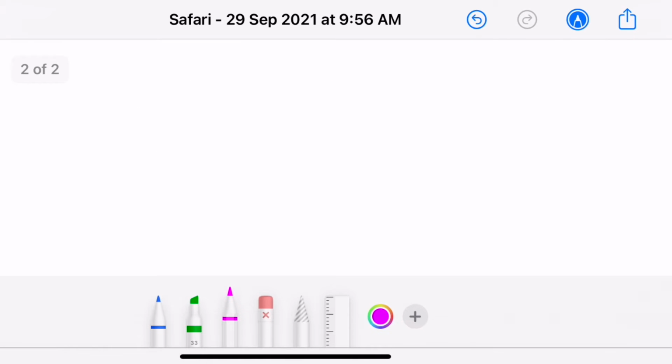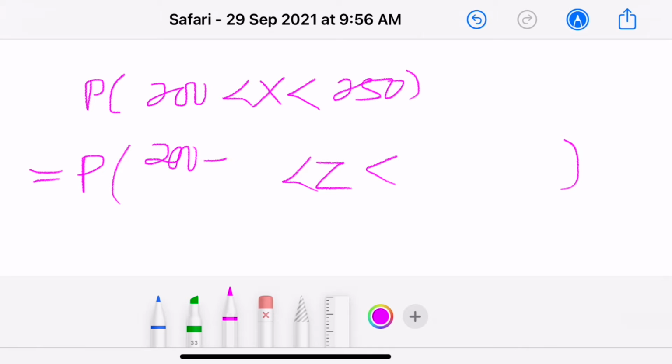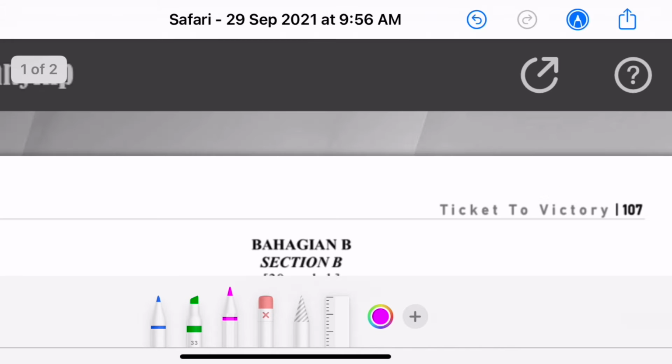Okay, let's start with the probability of x from 200 to 265. So I'm going to convert to z-score. Before that, we can use a calculator, or we can use the Buku Sphere to solve the probability value.